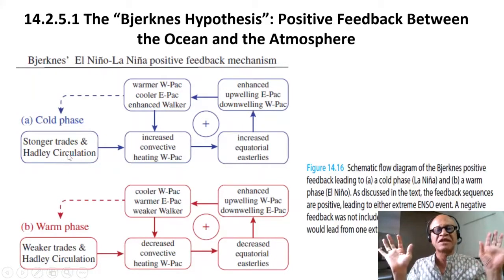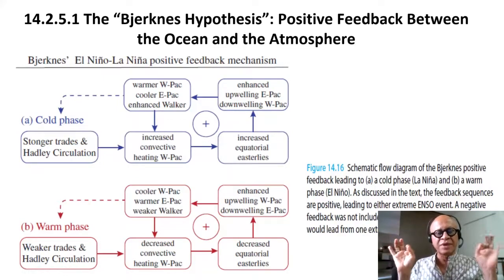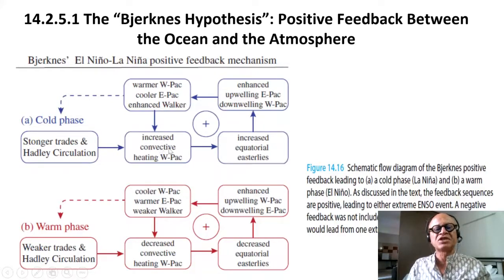We don't have any idea what that is caused by. You just start the loop by somehow strengthening the trades and the Hadley circulation, which leads to increased convective heating in the West Pacific, strong upwelling, strong push of the cold tongue towards the west, more convection in the west.